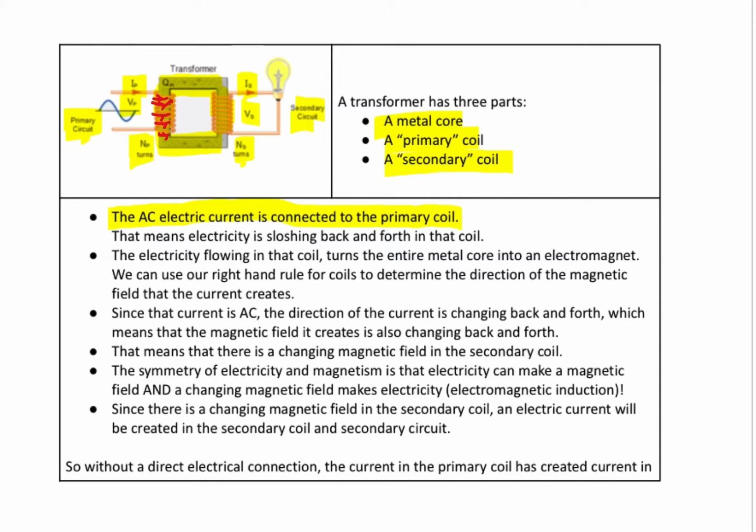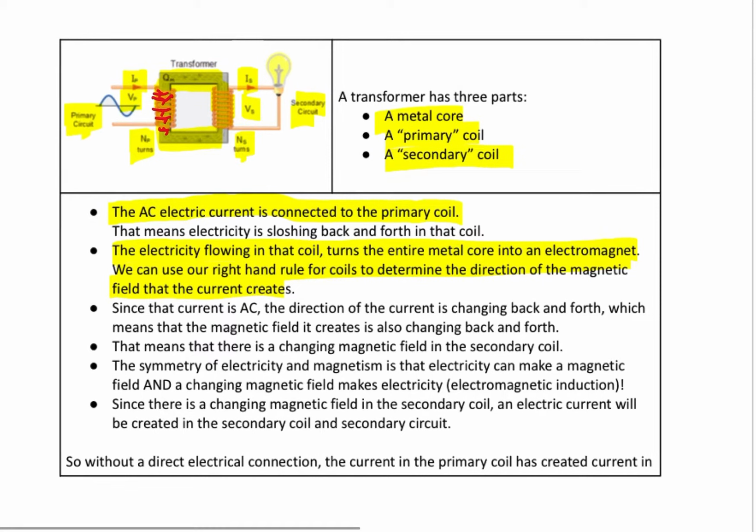When it's going to the right, it's going to turn that whole coil, that whole rectangular squared-off O-shaped thing, into a magnetic field. Let's say the magnetic field at that split second is pointing up, that's going to wrap around and there'll be a magnetic field pointing down through that side.